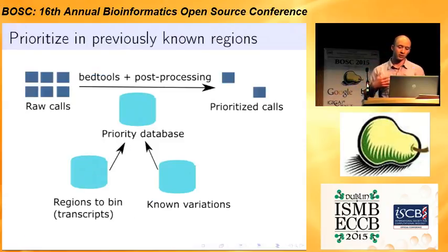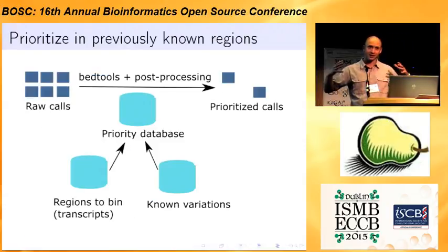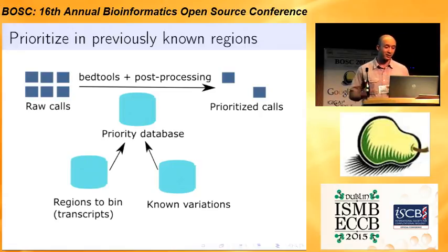So we need a way to take that big mess of things where there's important data in there and pull out what that important data is. The really simple-minded approach we're taking is to try to prioritize these based on known biological information. You can bin the genome any way you want to bin the genome. You can make a bed file, typically transcripts, something like that.